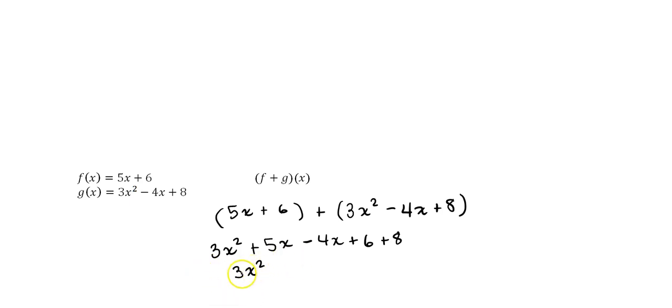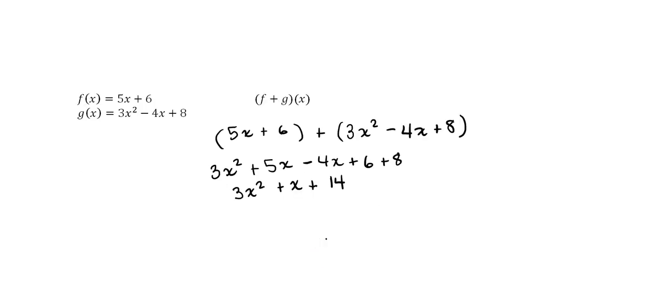That's the only thing I can combine. Then I have a plus x because I have a 5x minus 4x. That's going to give me a positive 1. And then I have my 6 plus 8 is going to get me a 14. And that is as far as we can go. Again, we're not given a specific value, so we have to go with what there is.